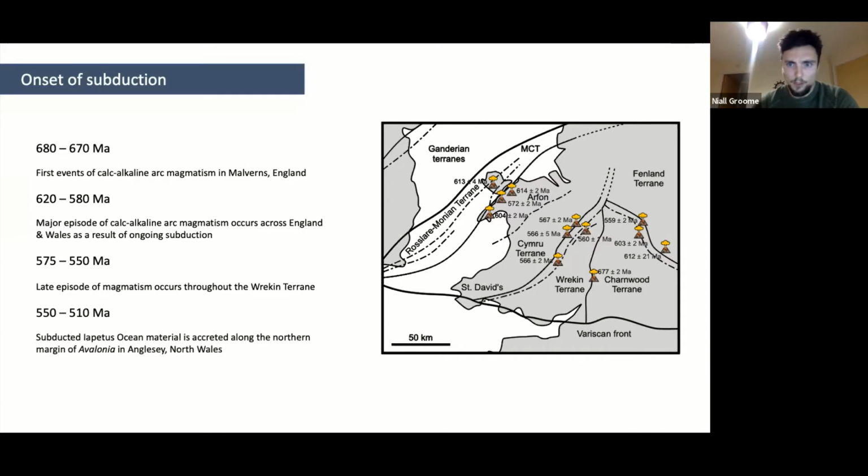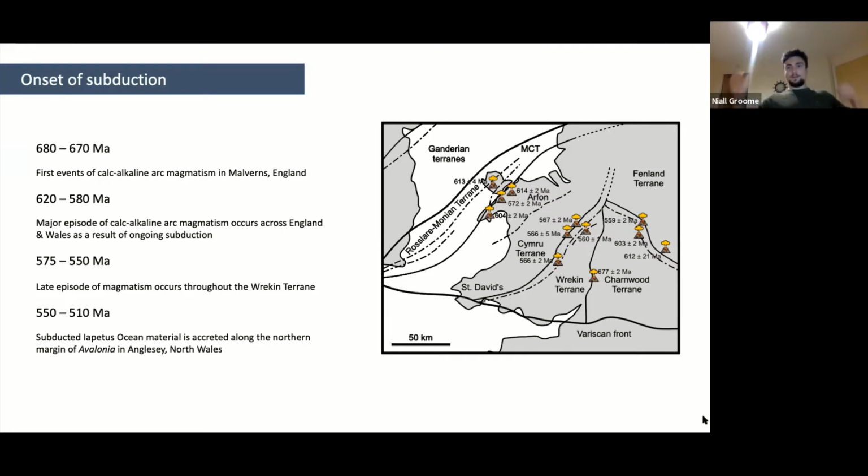And along the margin of Avalonia, again, we have this terrain, the Rosslare-Monian terrain, including Anglesey, where we can actually see that oceanic material has been accreted along the margins around 550 million years ago.